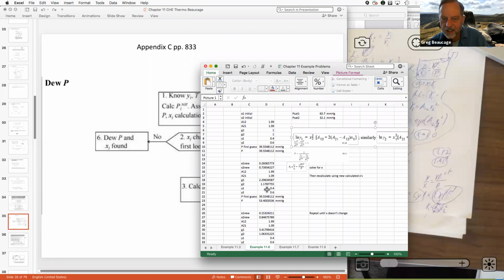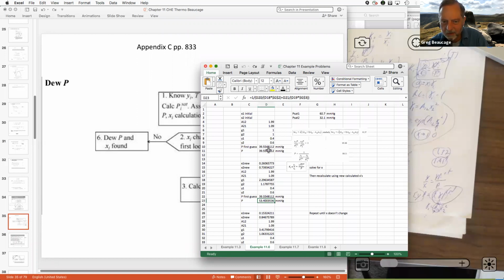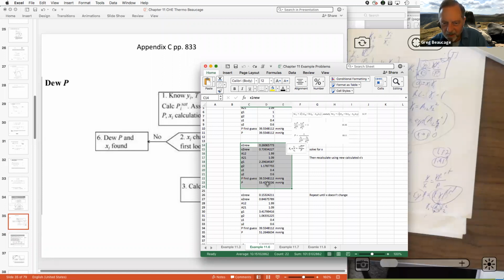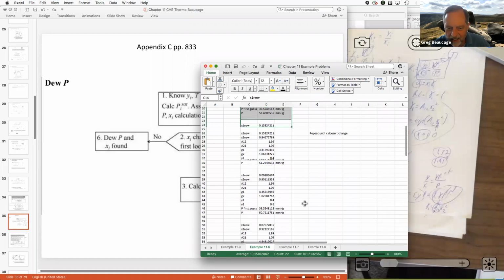And then once you do the gammas, then you can calculate pressure the same way. And then once you have the pressures, you're trying to see if the previous pressure is the same as the first. So once you have that cell set up, you just copy that and paste it and do another iteration. From the previous one, it's using the pressure, and from the pressure it calculates X. Then it calculates gammas, and then it calculates P. Repeating that over and over, you can see it converges.